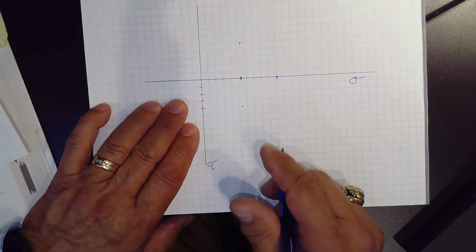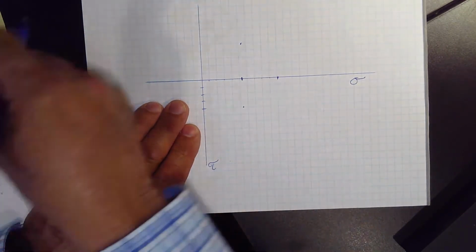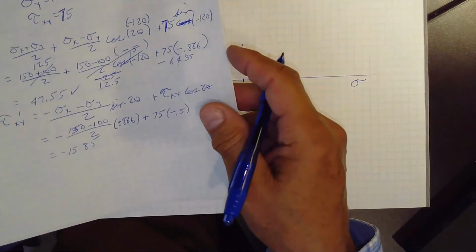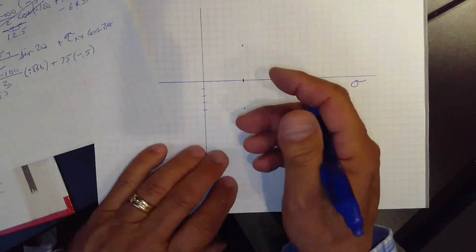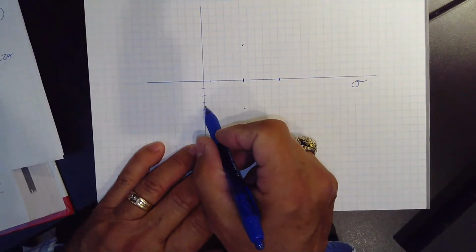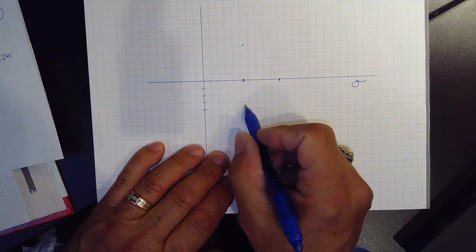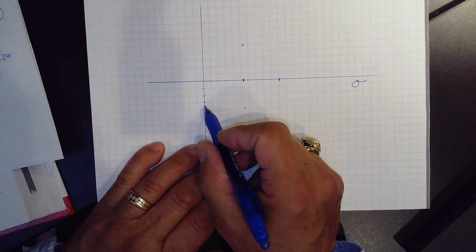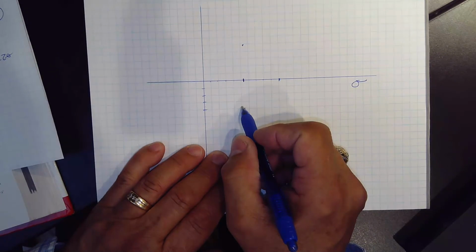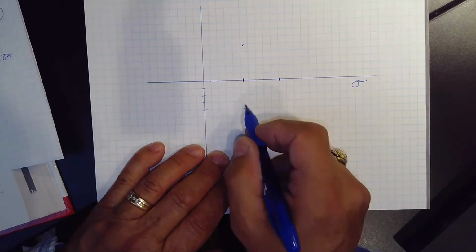And we can also plot our original points. Our original point was 150 and 75. So I would come down 75 and come over 150. Oh, I didn't put that in the right place, did I?